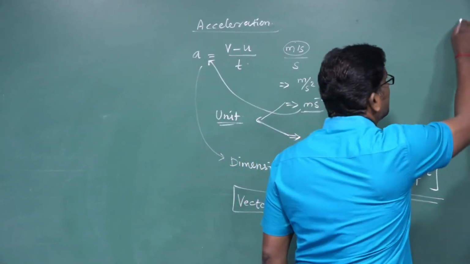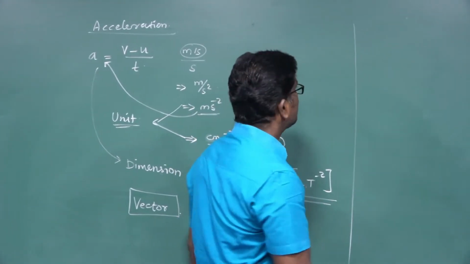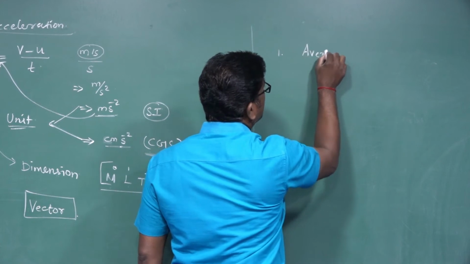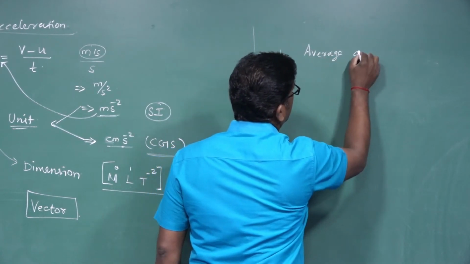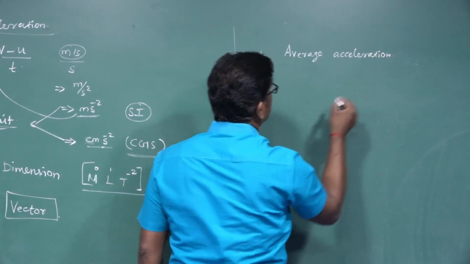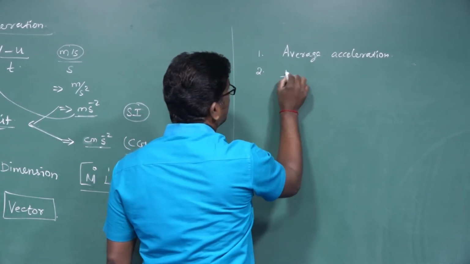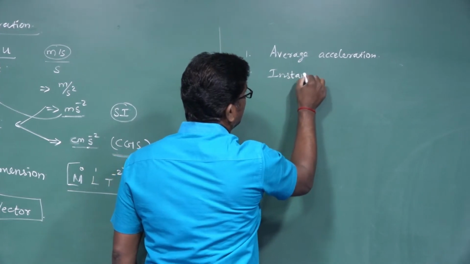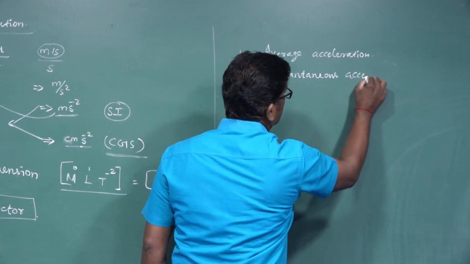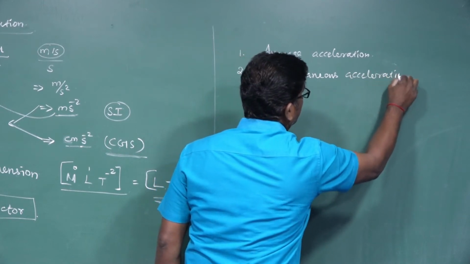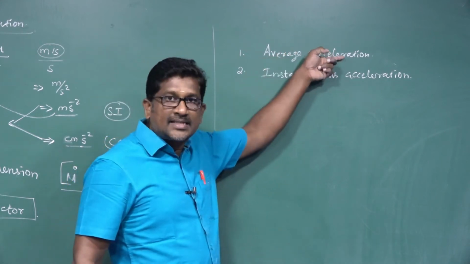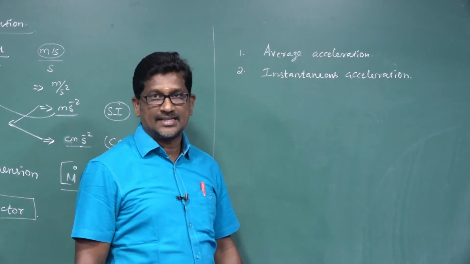Acceleration is of two types: average acceleration and instantaneous acceleration.